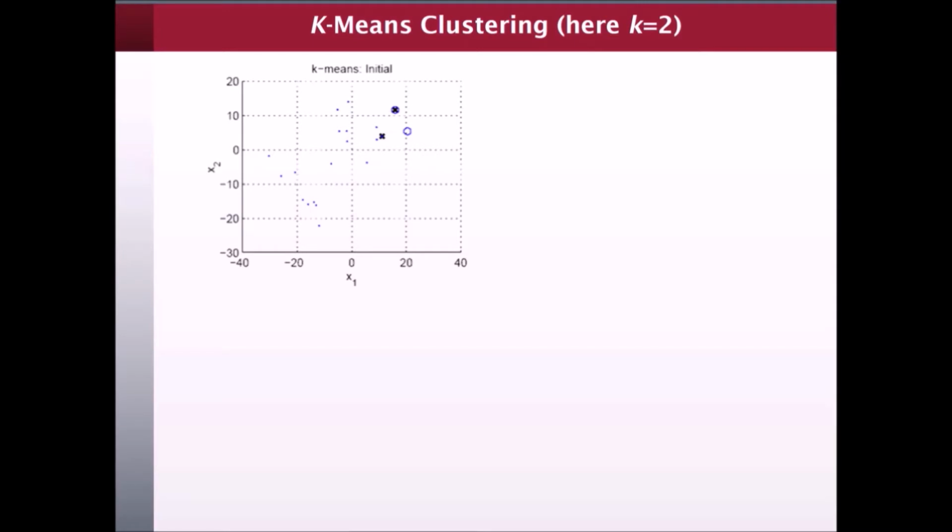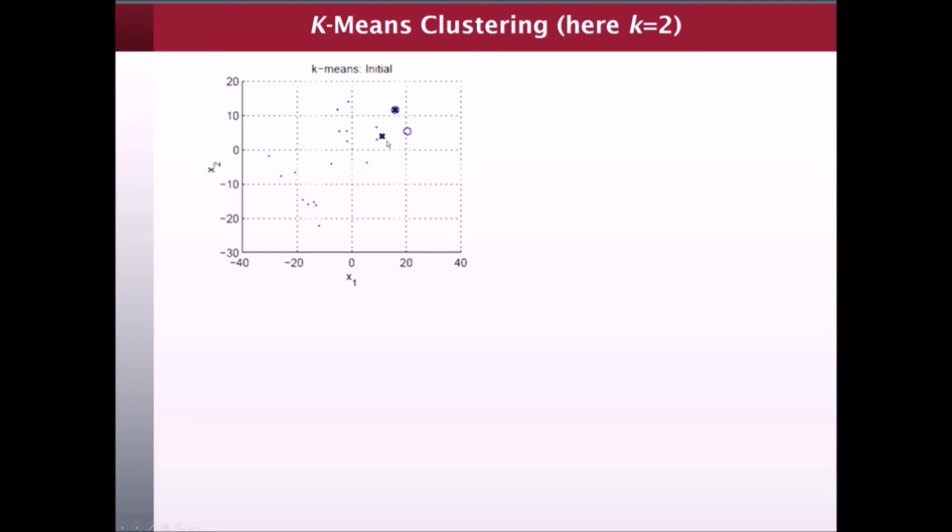Icons represent which cluster a data point is currently assigned to, so these small points are one cluster and these larger circles are another. And these clusters were assigned based on the initial two randomly chosen cluster centers, which are the two dark X's.